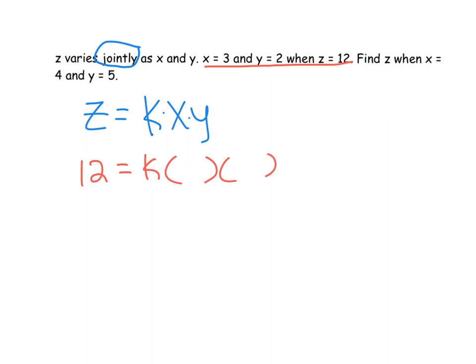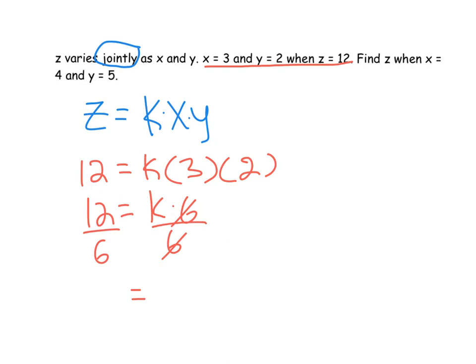But we do know when z is 12, x is 3, and y is 2. So we're going to solve for our constant of variation and divide both sides by 6. So k ends up being 2. So for this particular problem, we know that z varies jointly with a constant of variation of 2.